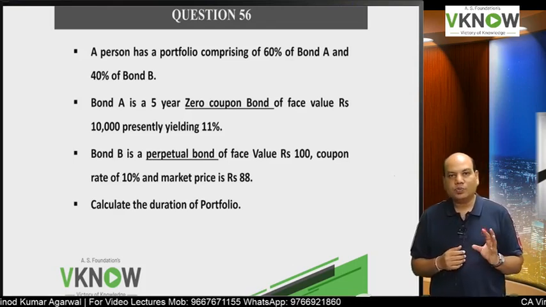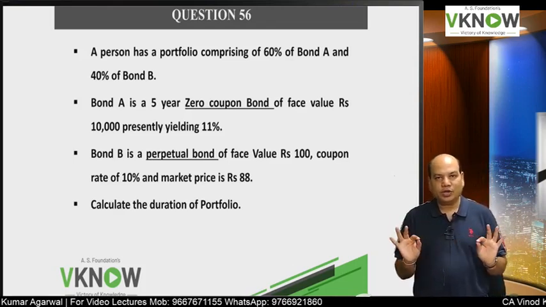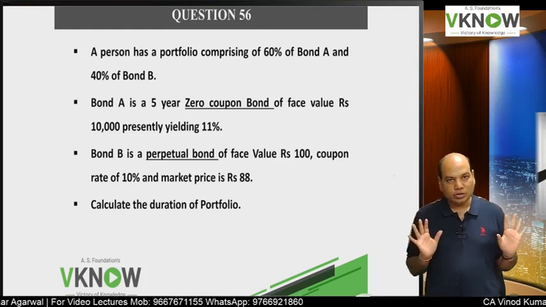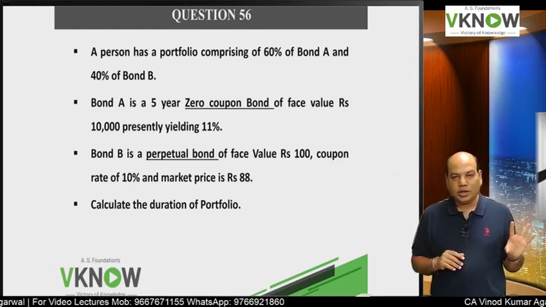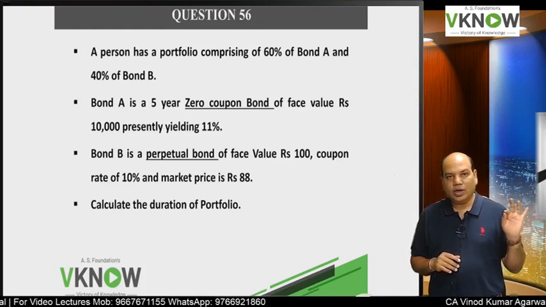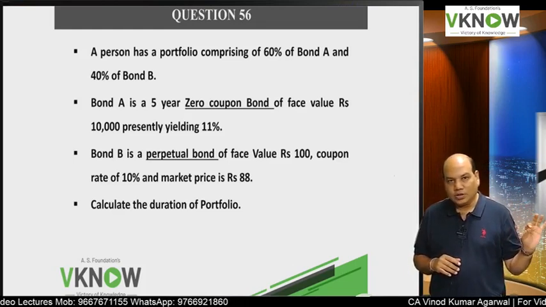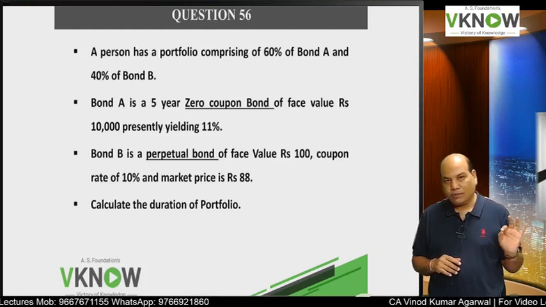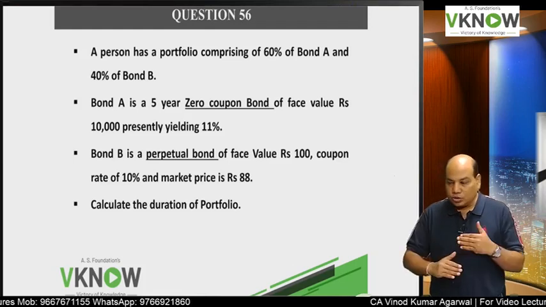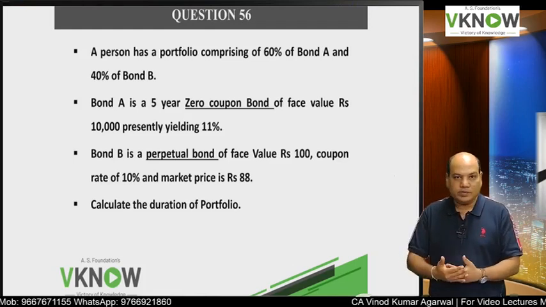So duration of portfolio is weighted average duration. That means I need two things. I need the weight of each security. Weight of bond A is 60%, weight of bond B is 40%. Duration of zero coupon bond is 5 years.